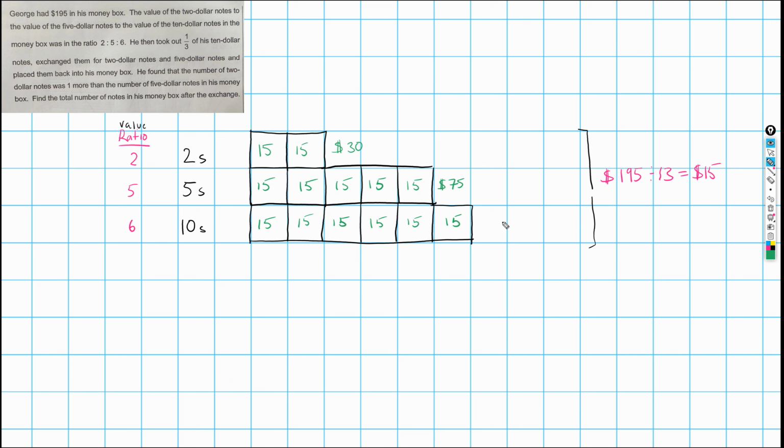And here we have 15 times 6, so we have a total value of 90. So how many notes does this represent? Let's have a look. $30 divided by $2 notes is going to give us 15 notes.